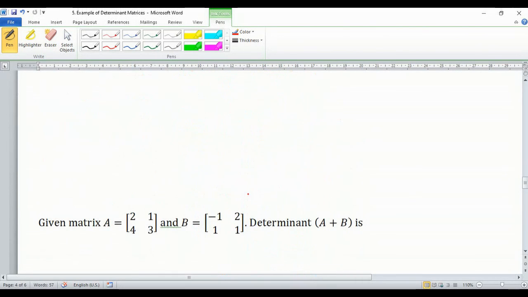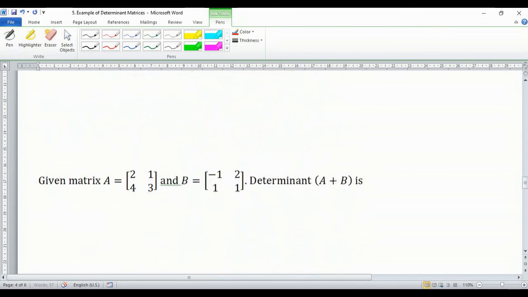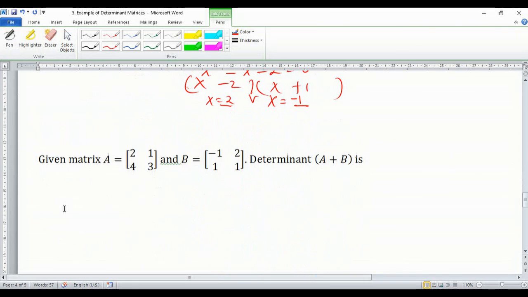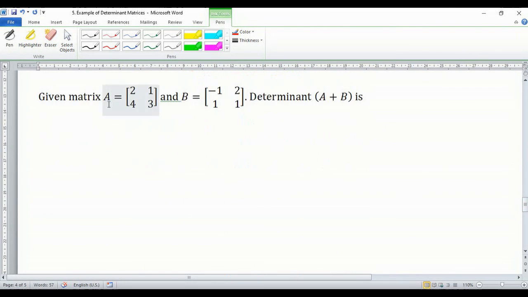They give us, you need to find the determinant of A plus B. Actually, we can use the properties, but if you don't want to use the property, it doesn't matter. You can add A plus B first, and after that you can find the determinant, because they have the same dimension, 2 by 2 and 2 by 2.